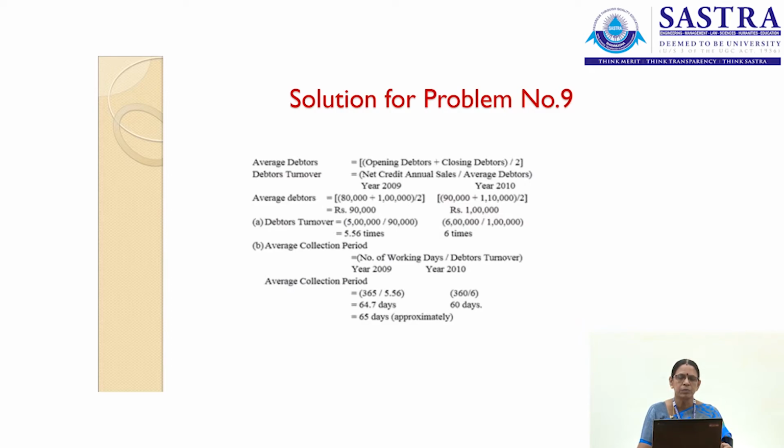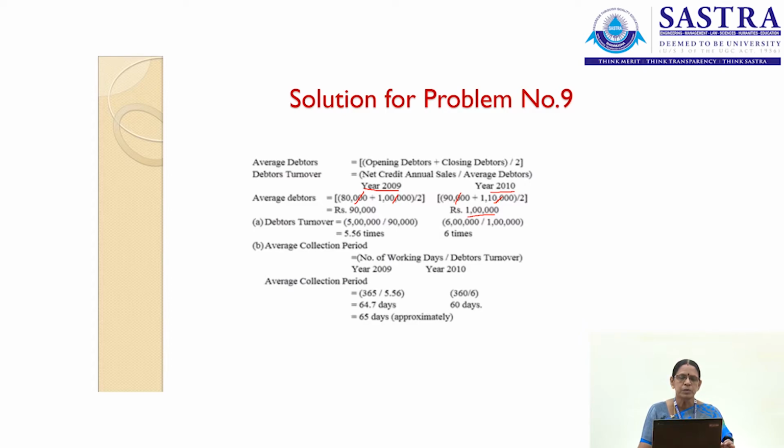Now we are going to calculate for the 2 years, namely 2009 and 2010. Average debtors for the first year: opening debtors is 80,000 rupees, closing debtors is 1 lakh, divided by 2, we get 90,000 rupees. Now for 2010, we have 90,000 as opening debtors and 1 lakh 10,000 as closing debtors. So we have 1 lakh rupees.